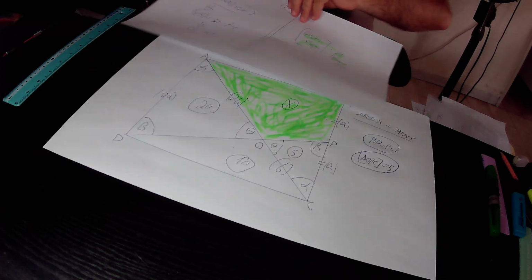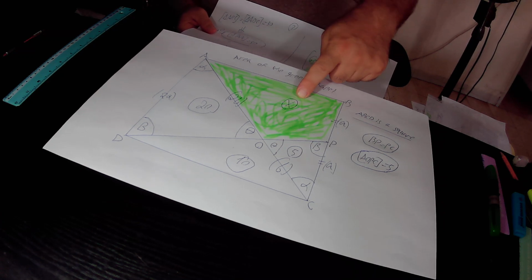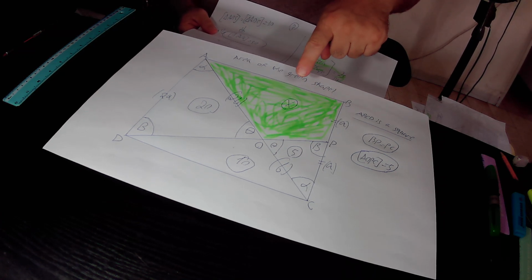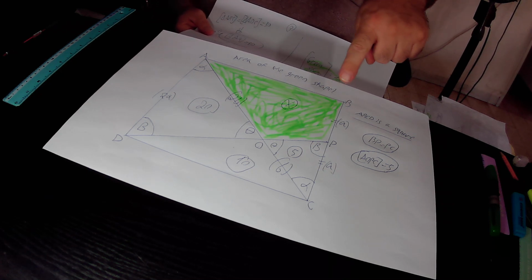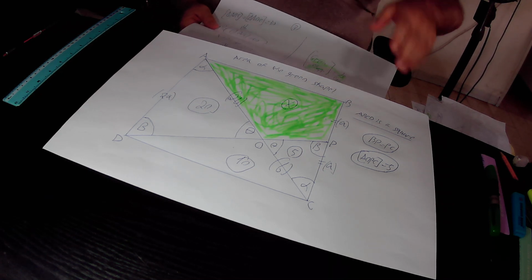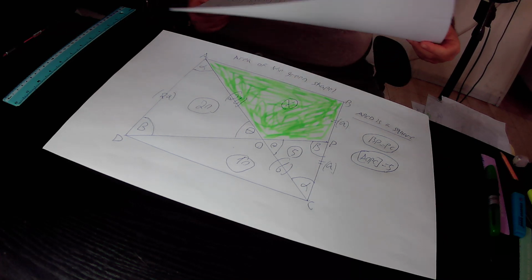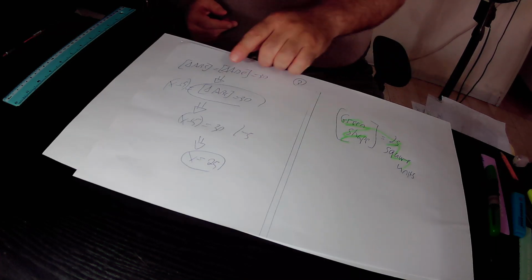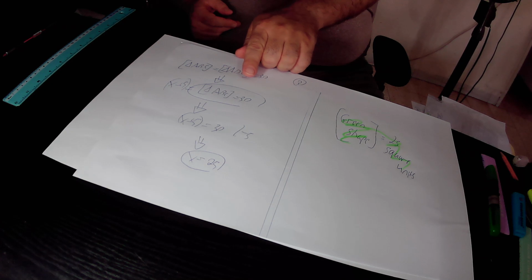But from the other side, if we define the area of the green shape as x square units, then the area of triangle ABC in total will be equal to x plus 5 square units. So from this equation, x plus 5 equals the area of triangle ABC, which equals 30.